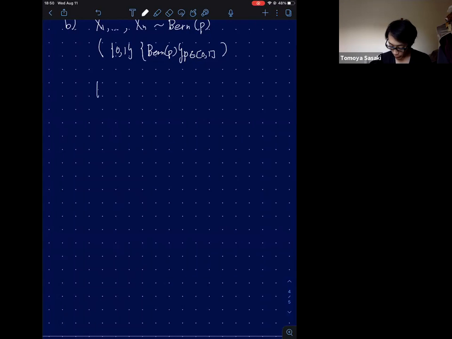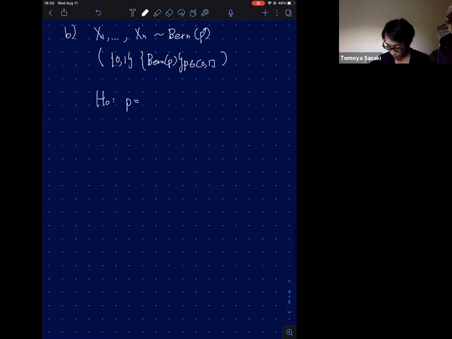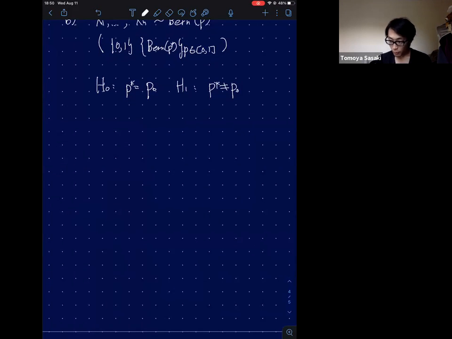We're interested in the hypothesis where H naught is P star equal to P naught, and H one is P star not equal to P naught. So let's do this test as an asymptotic test, which uses asymptotic normality, and construct the test statistic Tn like this.